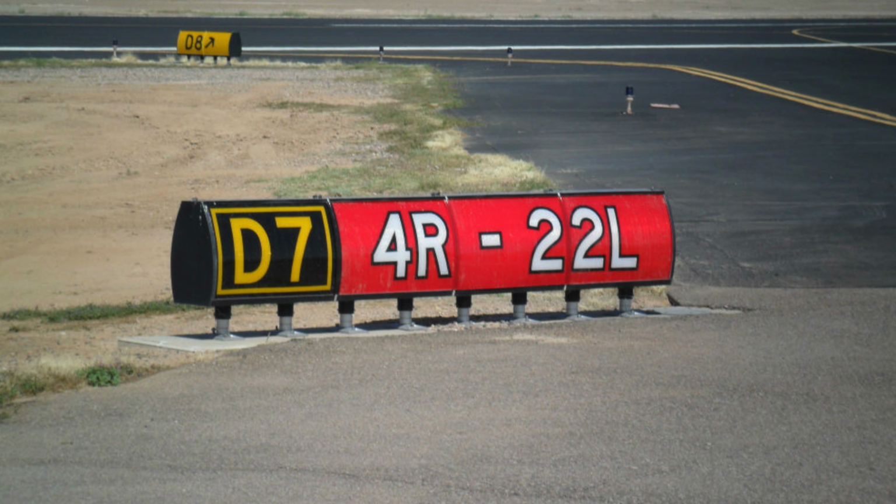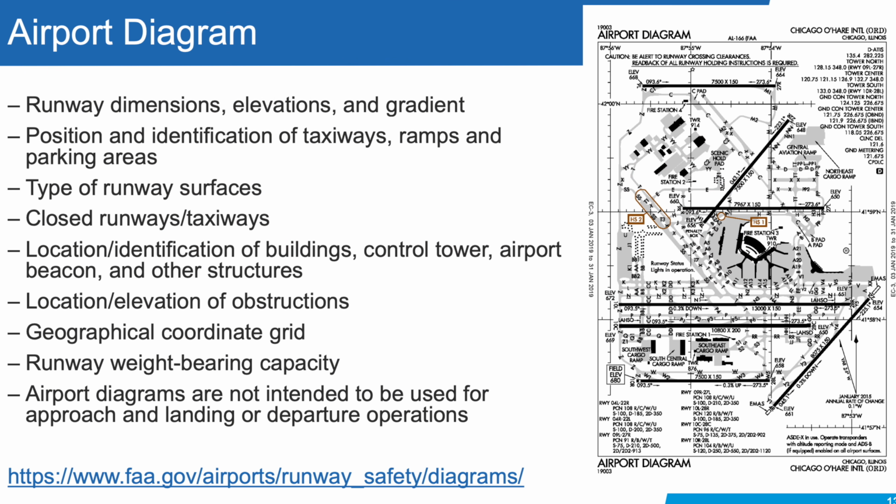Air traffic control will also instruct you to use Delta 7 or D7 taxiway to get to runway 22 left. And you will see these signs on the taxiway guiding you to runway 22 left. These signs with yellow letters and black backgrounds are telling you where you are on the taxiway. The pilots will usually have a chart or a map that tells them exactly where to go, and they'll keep that open while they're taxiing.